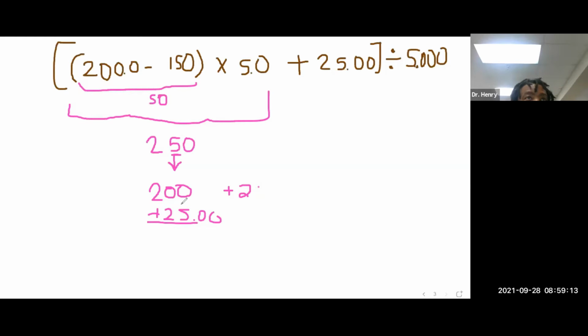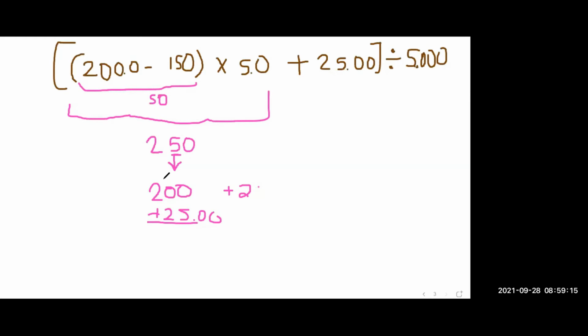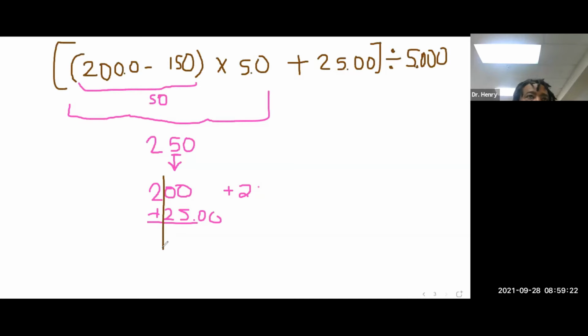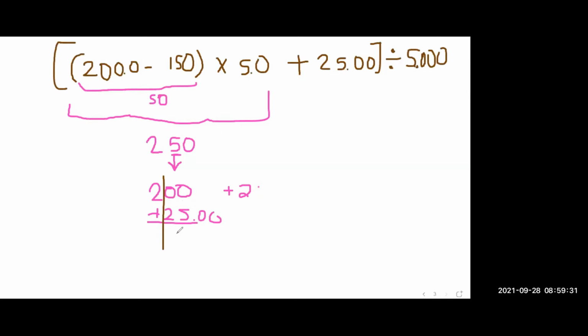For the 200, right after the 2. And what about the second one? Where would the line be drawn? After the second 0.